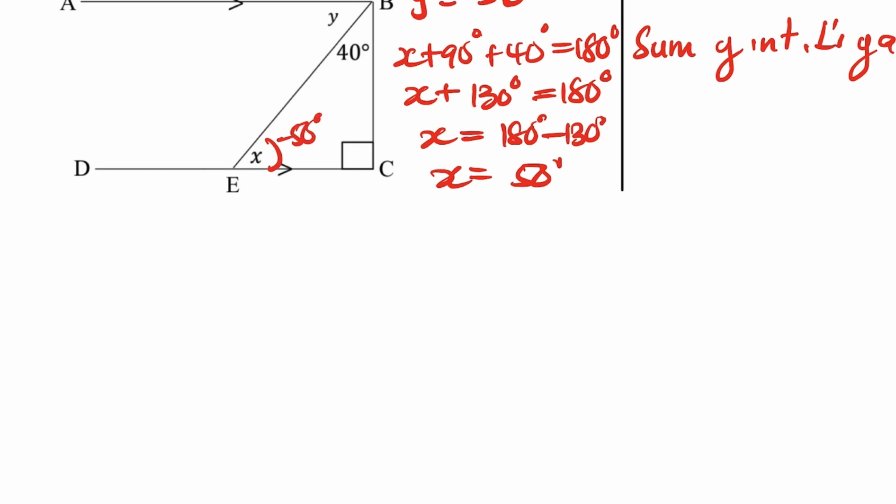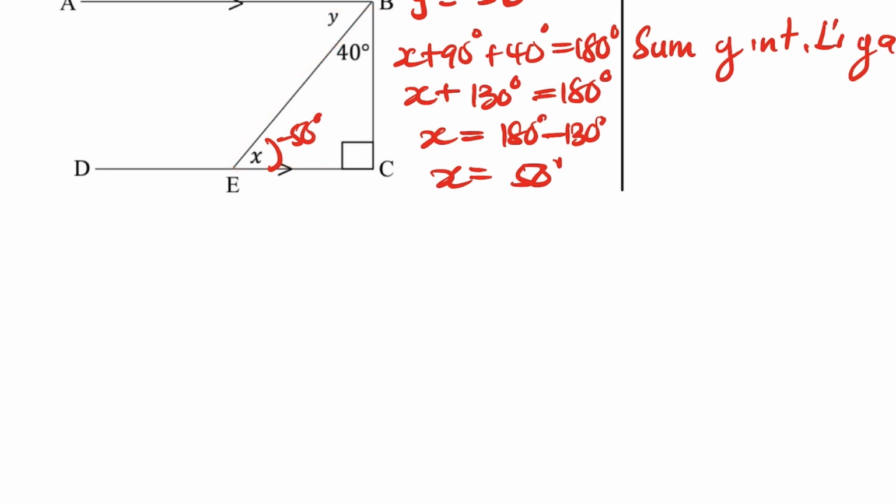So this angle is 50 degrees. So in order to get y, since we have parallel lines, we can use alternating angles, which is x is equal to y in that case. Or we can use the U shape, which is the co-interior angles. This angle plus this angle equal 180. Let's use the alternating angle first.